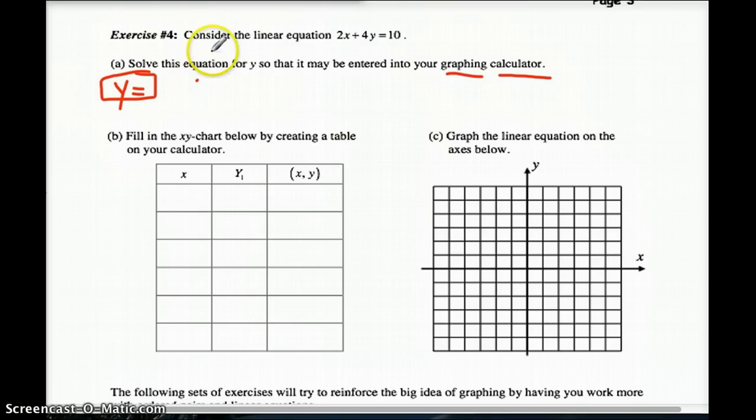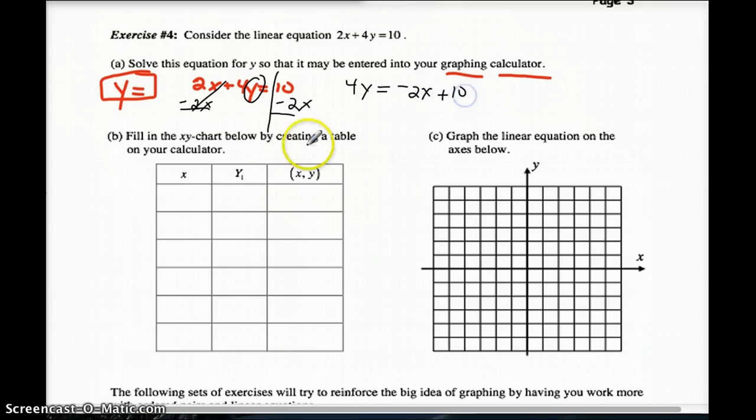So what we need to do is take this equation, 2x plus 4y equals 10, and we have to solve so that y is alone. So y stays and everything else goes. So we're going to take away 2x from both sides, and we get, I'm going to write it over here, 4y equals negative 2x plus 10.